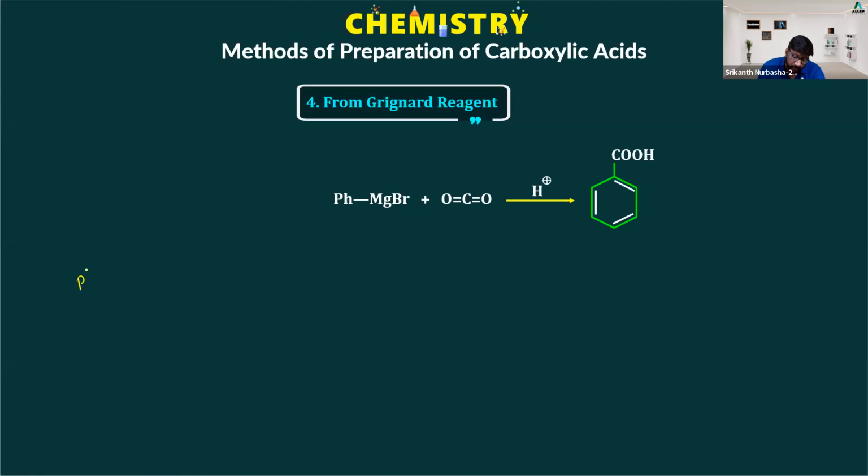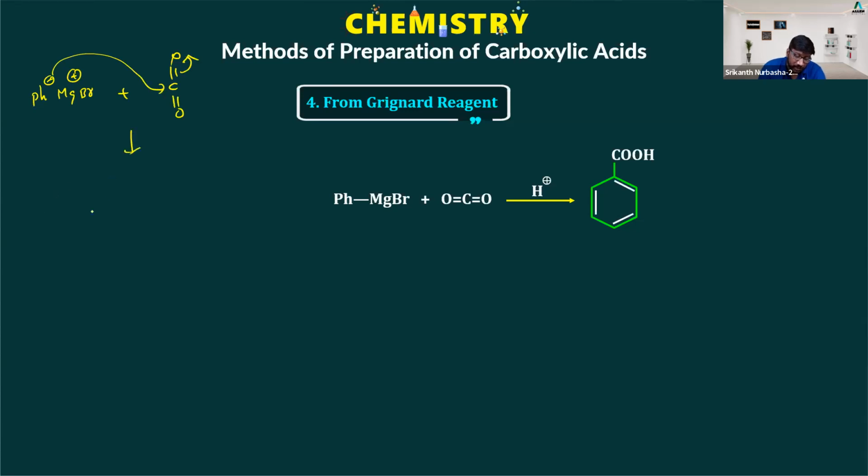PhMgBr means Ph minus MgBr plus. Ph minus MgBr plus will be reacting with carbon dioxide, O double bond C double bond O. Ph minus, because it is nucleophilic, attacks the electrophilic carbon. The pi electron density moves away towards oxygen.